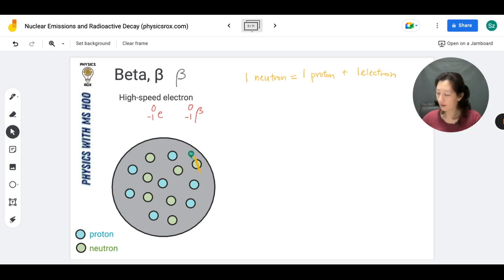So it will now become a proton, and the electron is thrown out. So this is the electron, and this electron is the beta particle in this case. So that's where this high-speed electron comes from. So the neutron splits, the proton will remain inside the nucleus, and the electron, because electrons can't reside in the nucleus, gets thrown out.